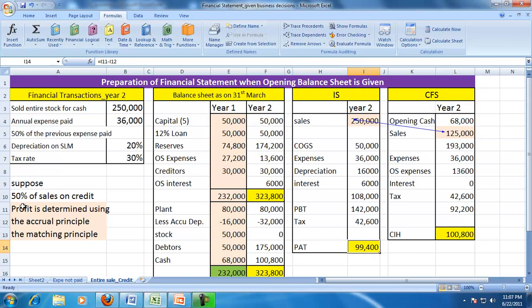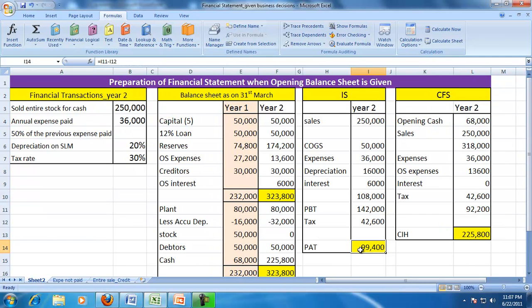So to reiterate, profit is determined by using accrual principle and the matching principle. So profit will not depend on whether the expenses are paid or not, or income is received or not.